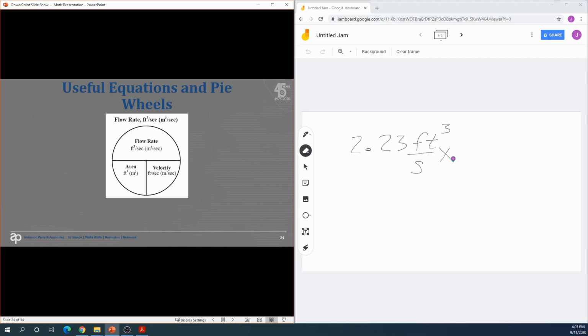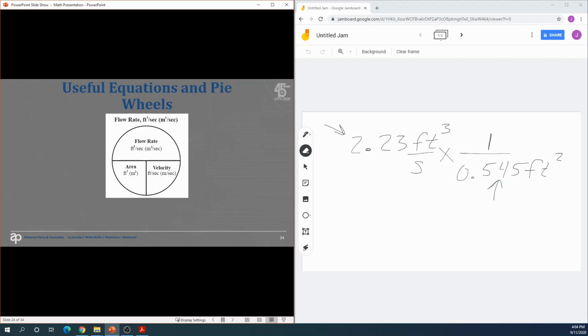Now we're going to divide that by our area, which was 0.545 feet squared. Now, the reason why I'm drawing it out like this is that it's the same thing as flow rate divided by area. My flow rate is on top, my area is on bottom.